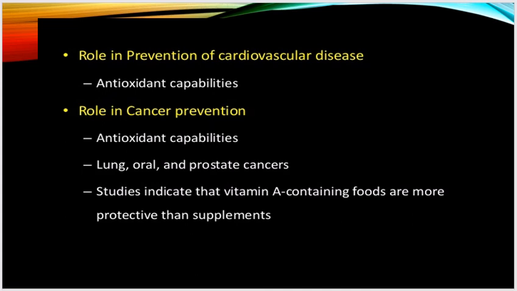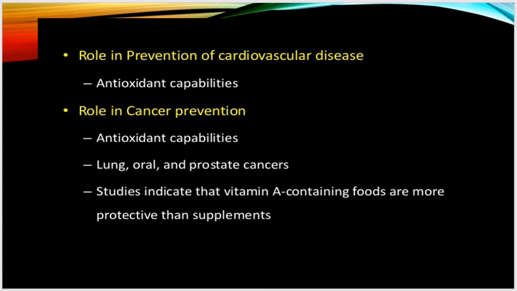Regarding the role in cancer, beta carotene is an antioxidant and traps peroxy free radicals in the tissues at low partial pressure of oxygen. This protects the organism from the toxic effects of free radicals that produce cancer.